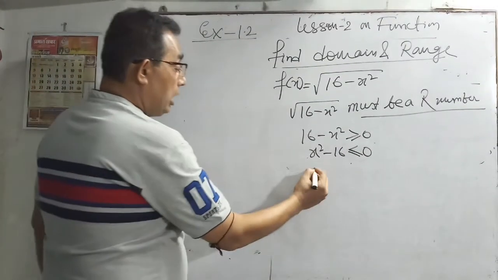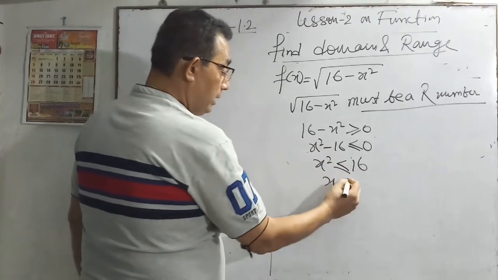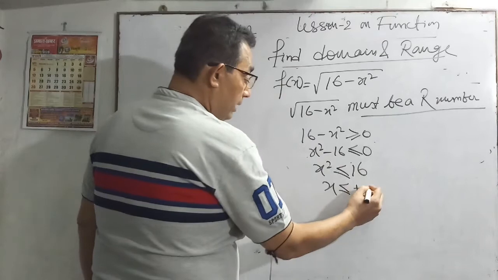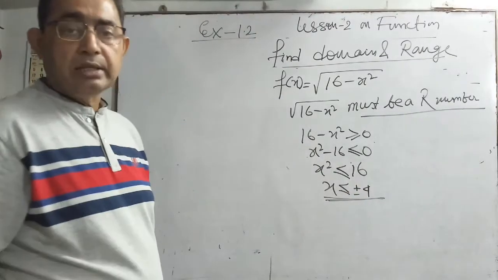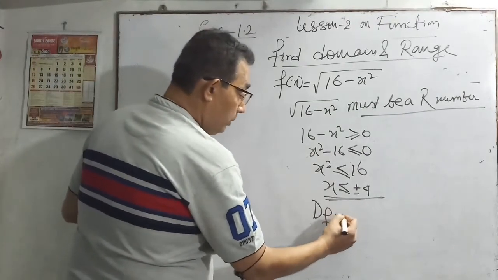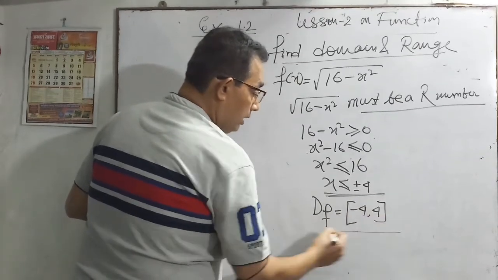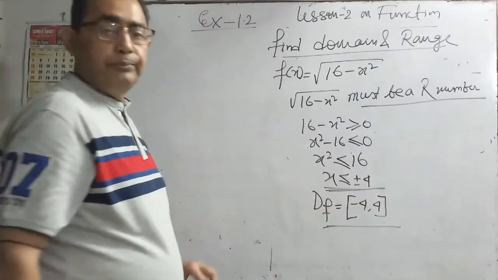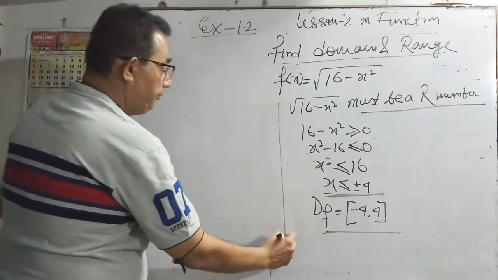Clear? Now x square is less than or equal to 16, so x is between plus and minus 4. Then what is the domain? Domain is minus 4 to 4. Is it clear?